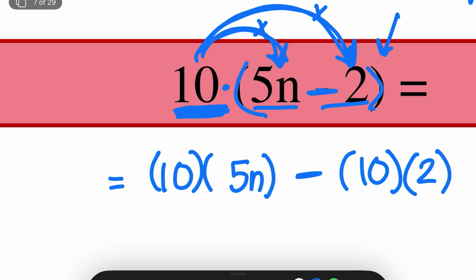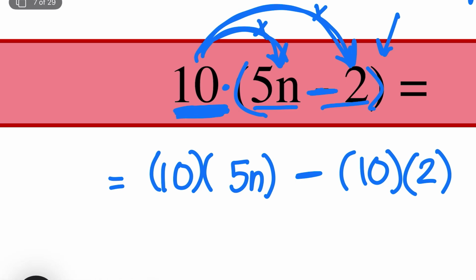Until now, I only distributed the 10. Step number 2, I need to actually go ahead and multiply it. So I need to multiply the 10 with 5n and the 10 with the 2. To multiply a number with a term, you multiply the number with the number part of the term.